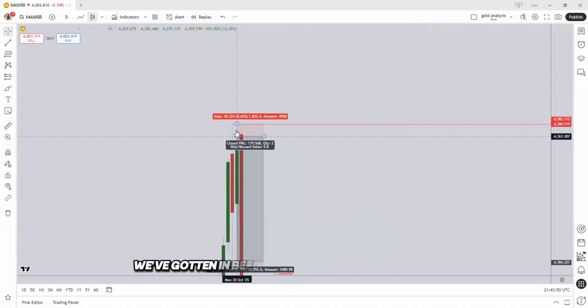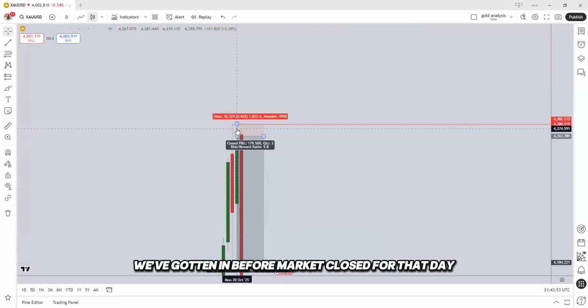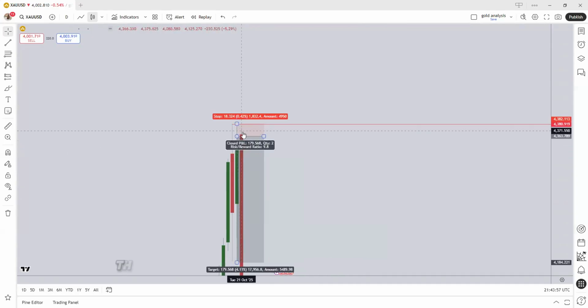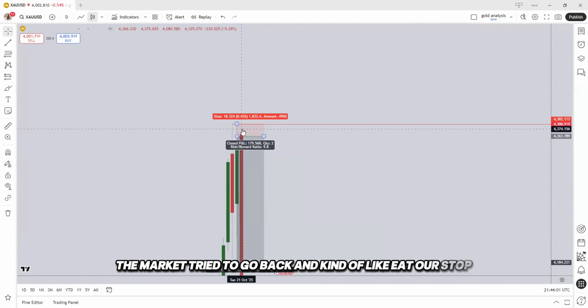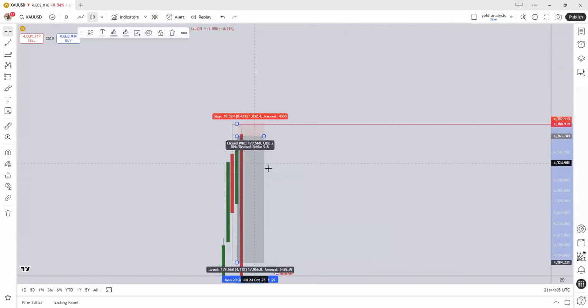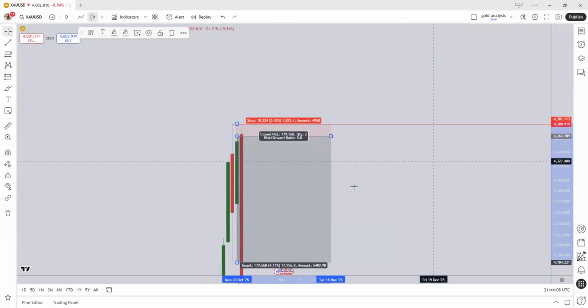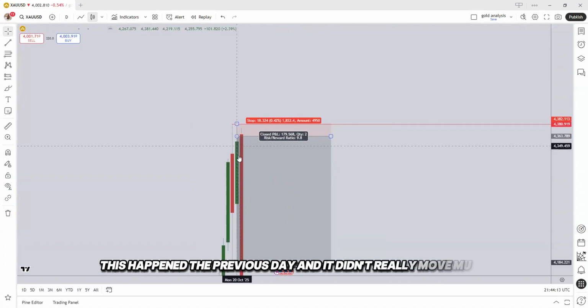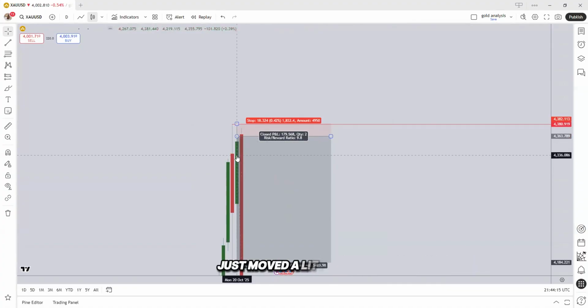We've gotten in before market closed, but for that day it sold, and the following day the market tried to go back and kind of hit our stop. But since this happened the previous day, it didn't really move much. It just moved a little.